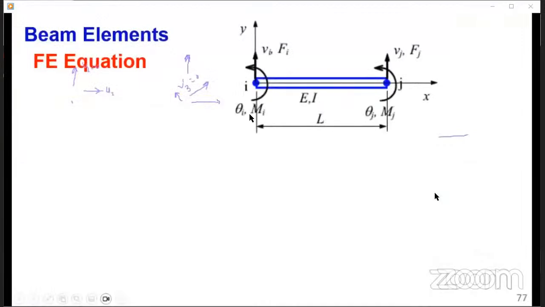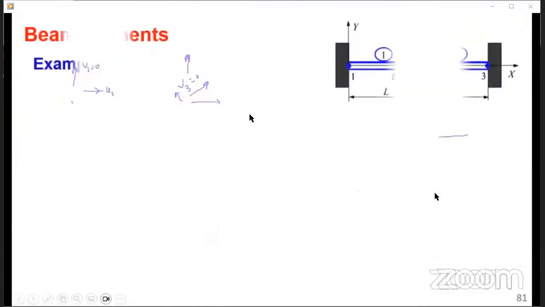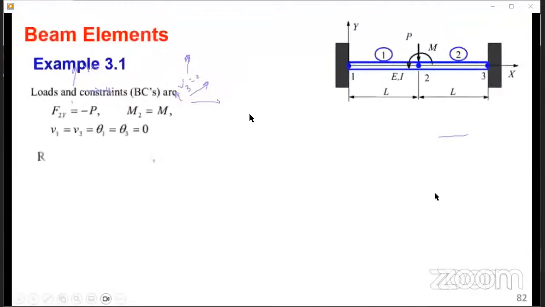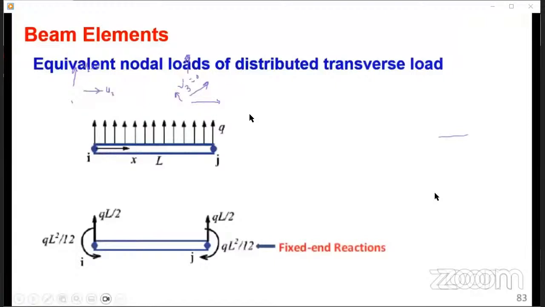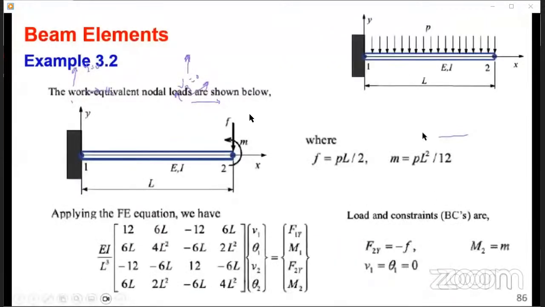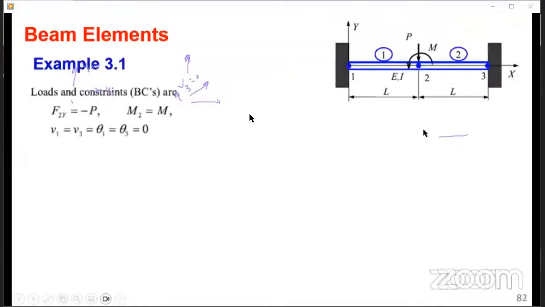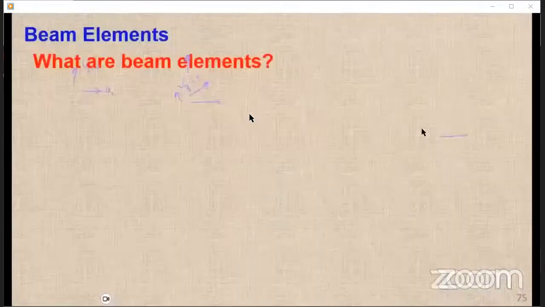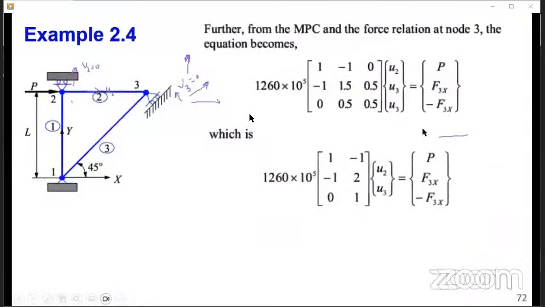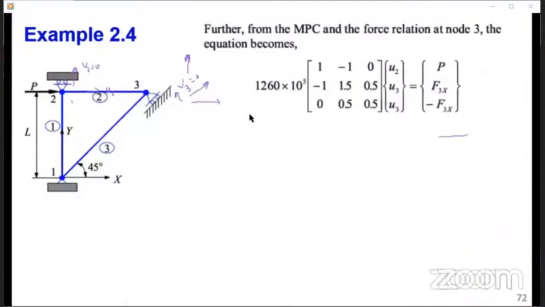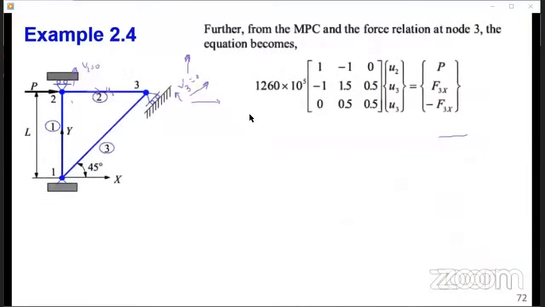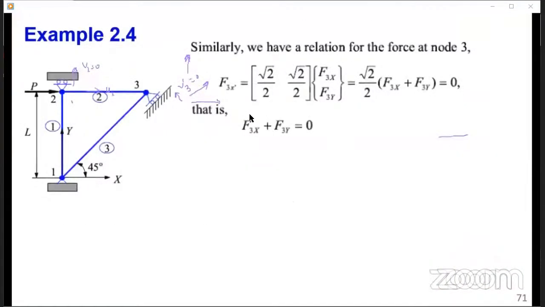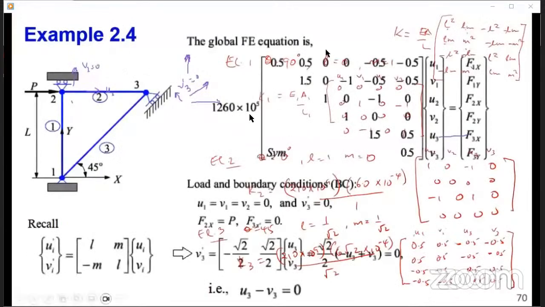Sorry, something is happening in my computer. Sorry, something not right. This one, which one? Here.